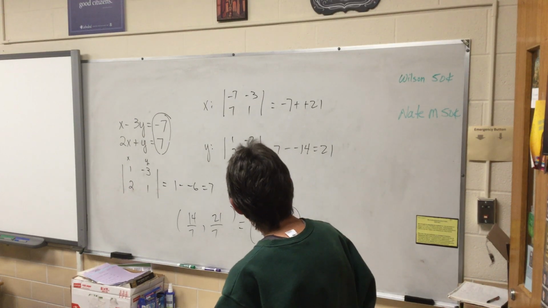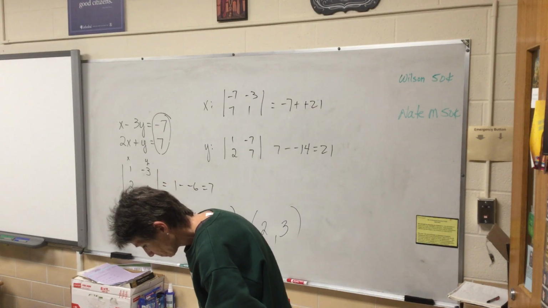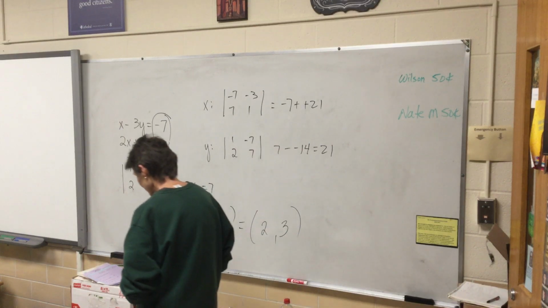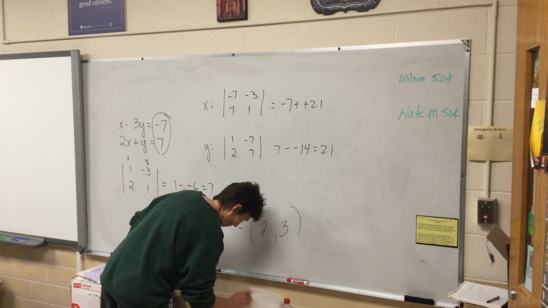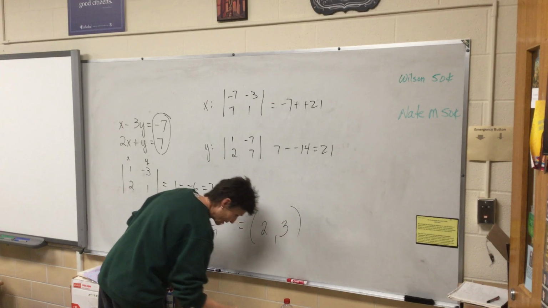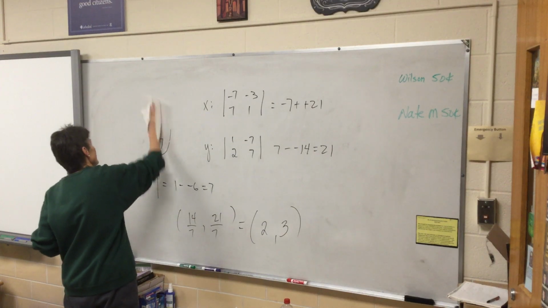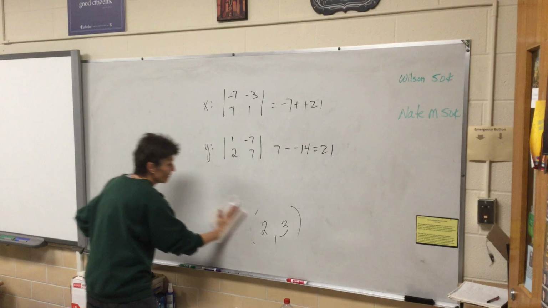I got a question for 4C on the same page. What's your question? Oh no, I just was wondering if we could try it out. Can't do it. We can't do it. It's not possible. In order to find a determinant, the matrix must be square. Is that a square matrix?